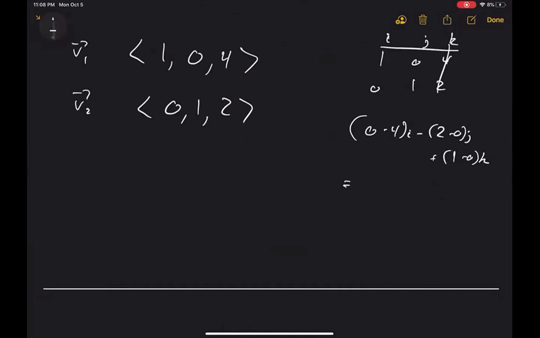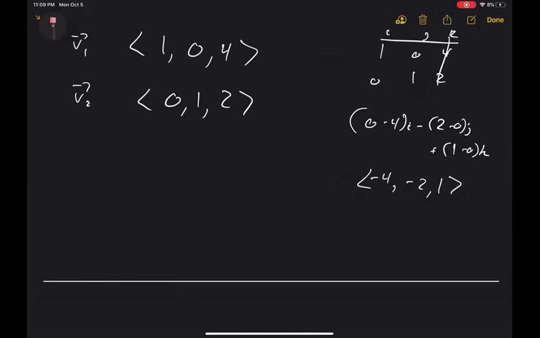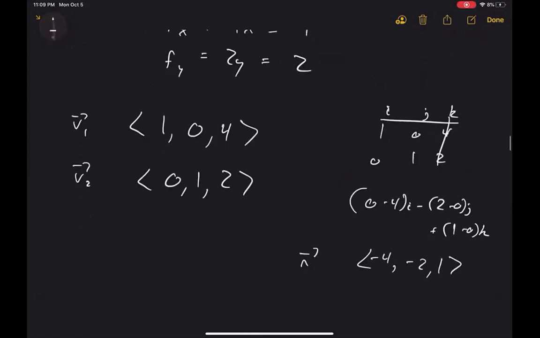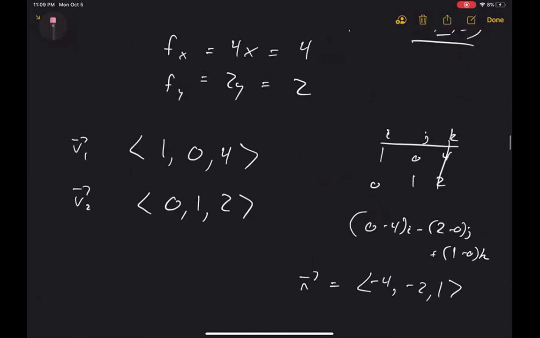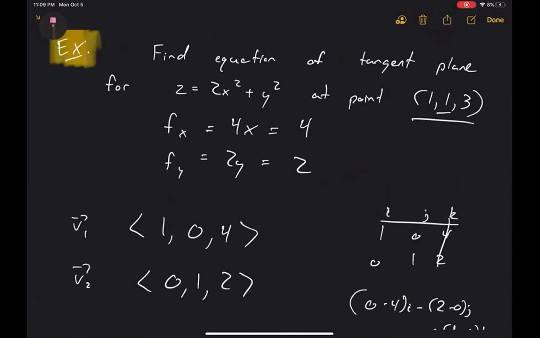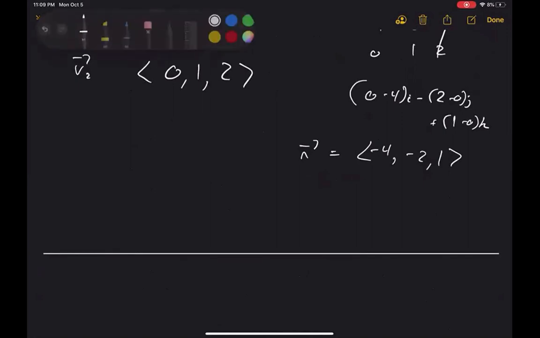And what do we get? We get -4, -2, 1. Okay, so that's our normal vector. And now we have our normal vector and we have our 1 point on the plane, right?